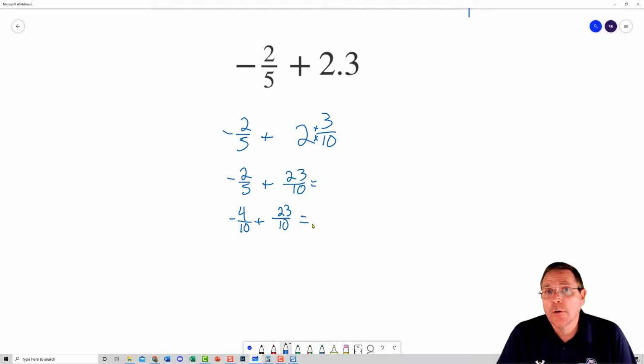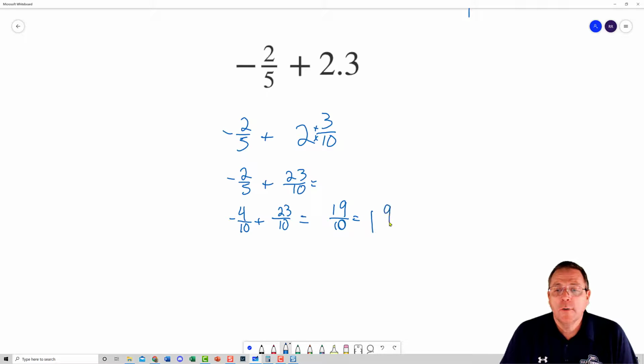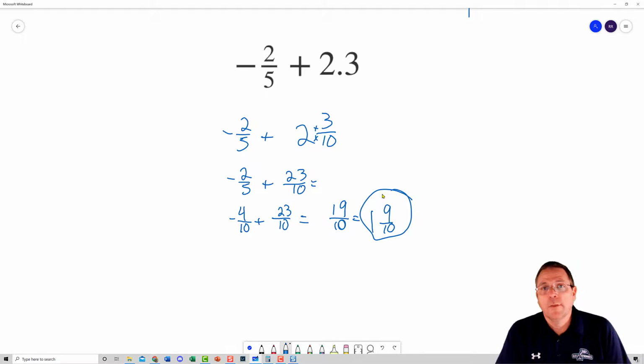Signs are different. Find the difference. So that's going to end up giving me 19/10. The sign in front of the larger number went in front of my answer, and of course 19/10 is the 1 9/10 that they came up with that other way that they worked the problem.